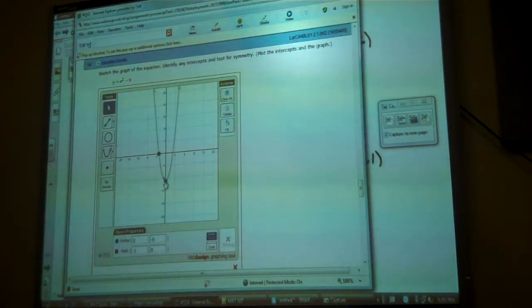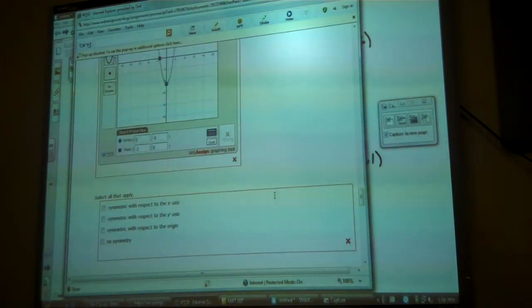Then for clicking another point, there's some algebra: you have to solve for x when y is 0, finding the roots of this polynomial. 3 or -3 would work, so I clicked on -3 as a point, and I guess this is the answer.